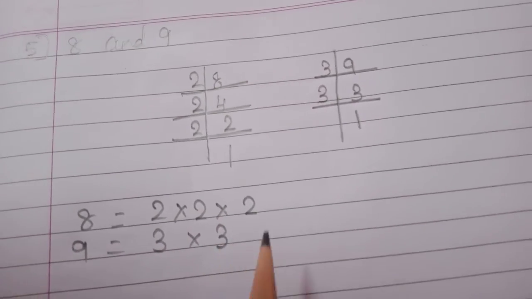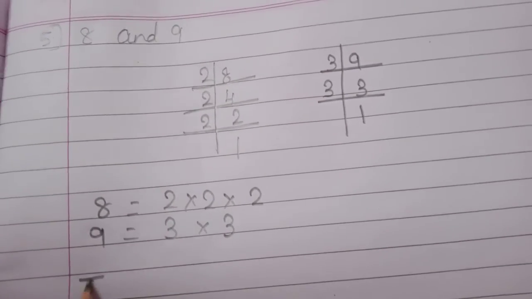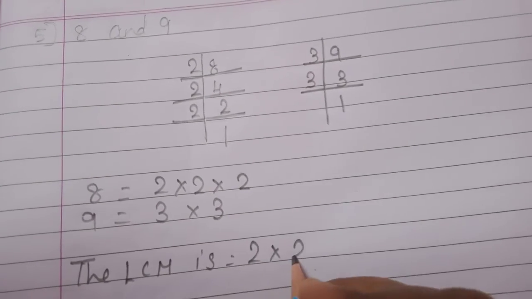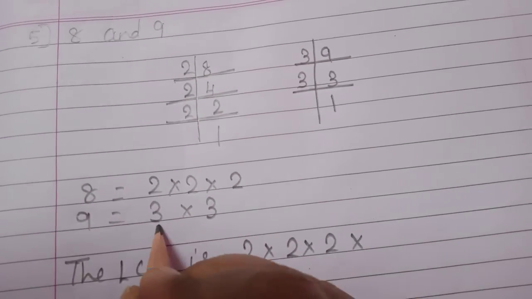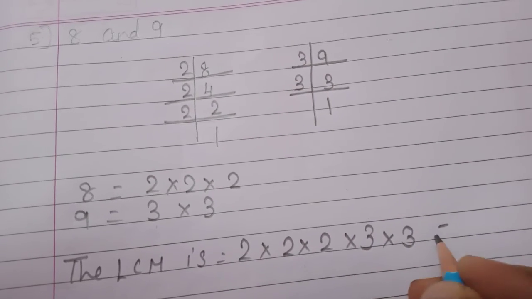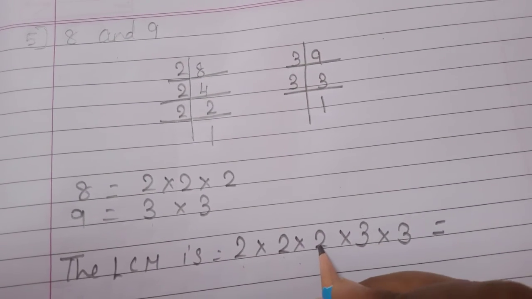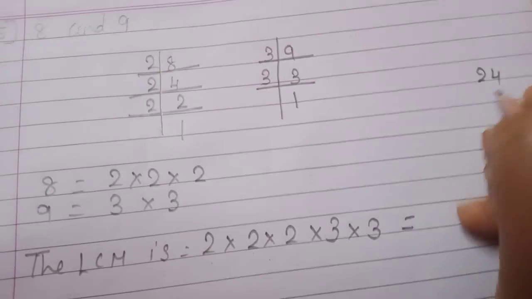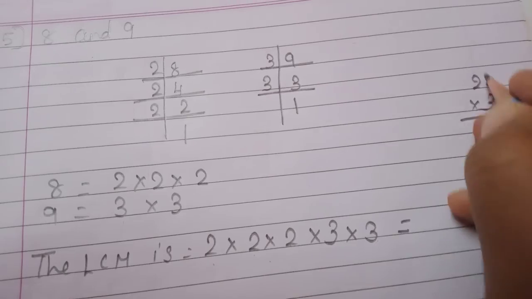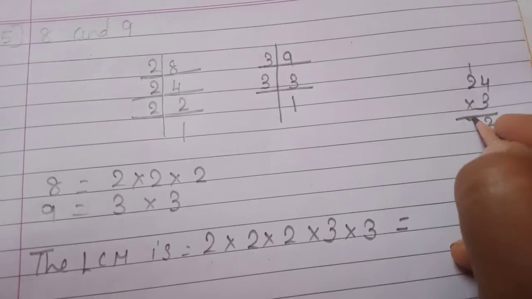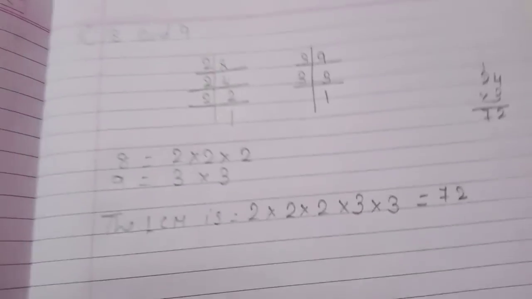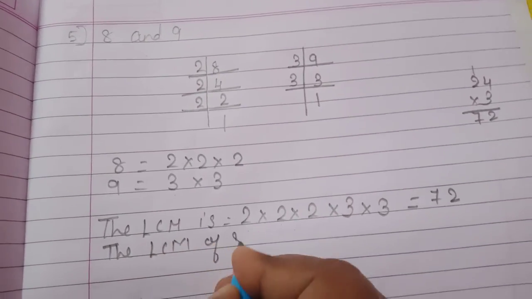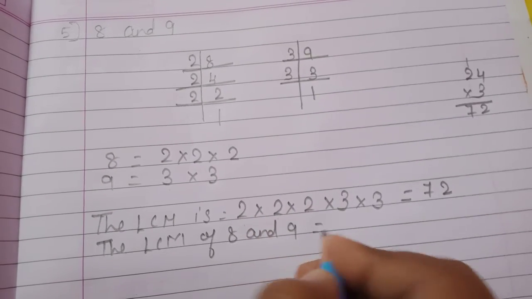Here not any common factor is there. So the LCM is 2 multiplied by 2 multiplied by 2 multiplied by 3 multiplied by 3 equal to 2 2s are 4, 4 2s are 8, 8 3s are 24, 24 3s are, we will multiply and see. 3 4s are 12, 3 2s are 6, 6 plus 1 is 7. 72. The LCM of 8 and 9 equal to 72.